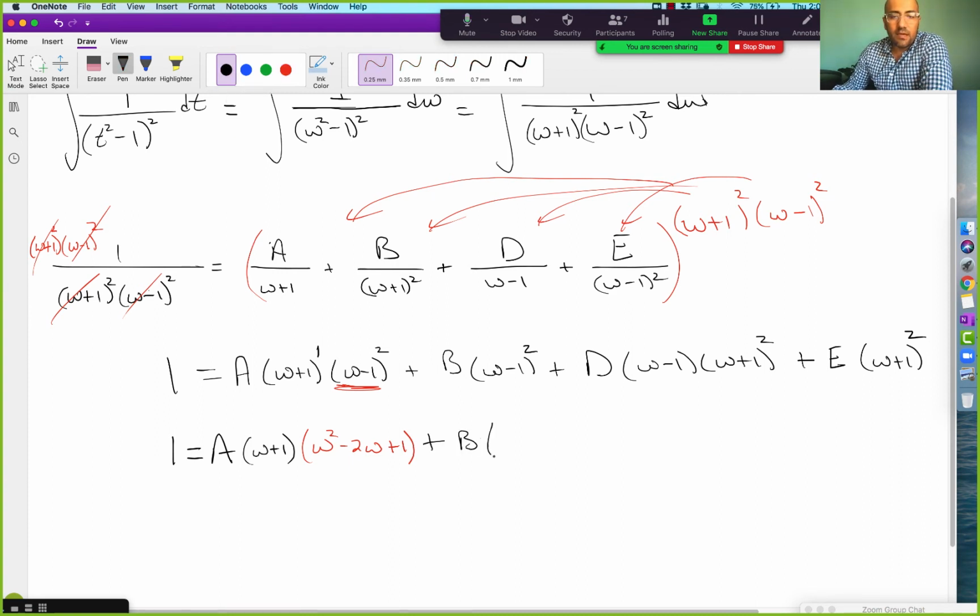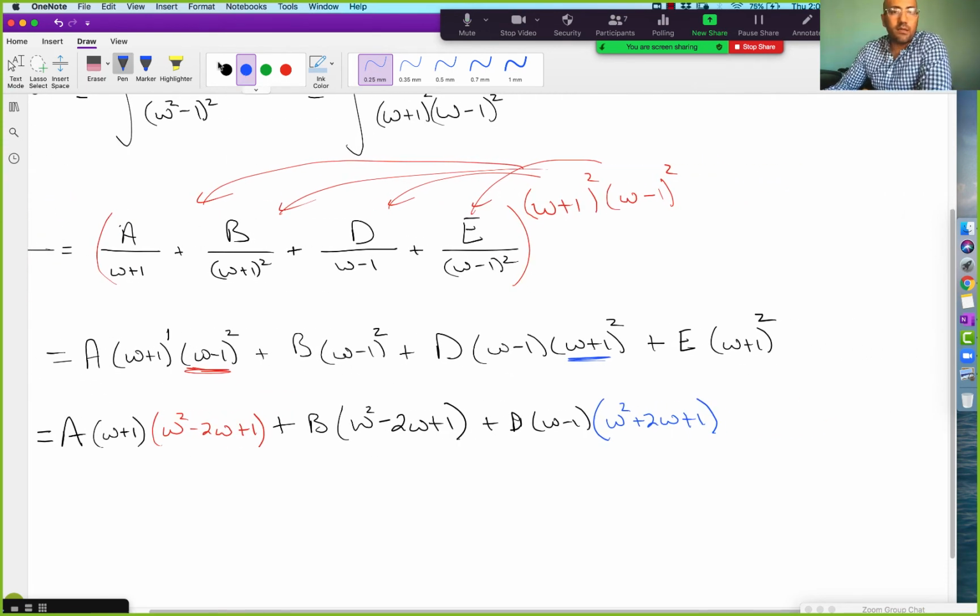Plus b times, and this should be easy, w squared minus 2w plus 1, plus d times w minus 1, and then again I have to FOIL this as w squared plus 2w plus 1, and then plus e times w squared plus 2w plus 1.